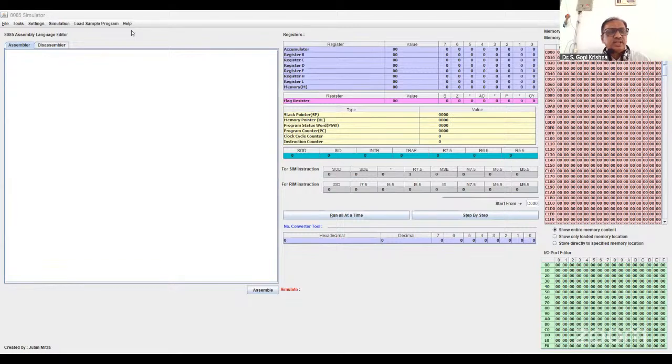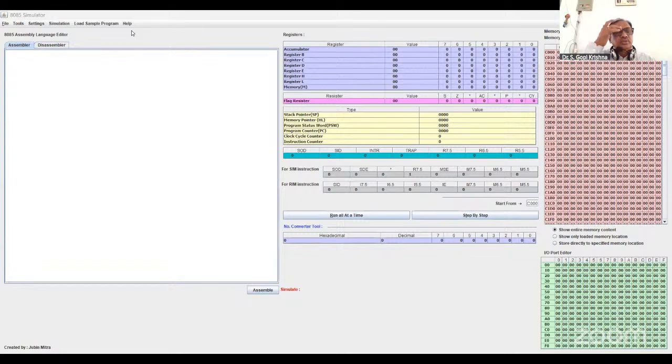Whatever register pair we specify, HL pair, DE pair or BC pair, the accumulator contents are stored in the address held by that pair. The contents of the accumulator are copied into the memory location specified by the register pair. The contents of the accumulator are not altered.